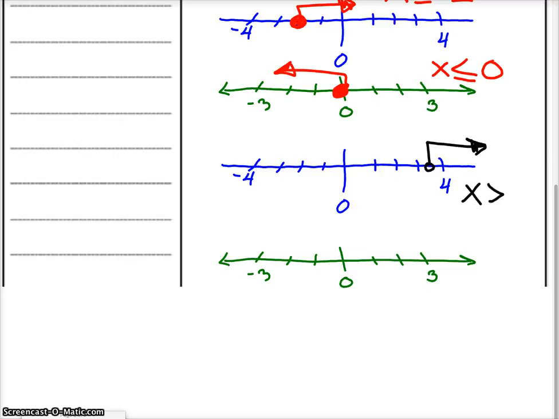Bigger, not colored in, so no line. And then what number is this? 3.6. I'm going to say 3.5 just because, but if you say 3.6, fine.